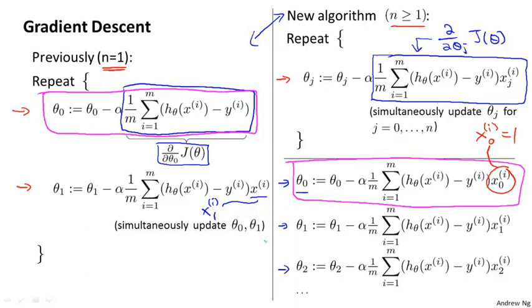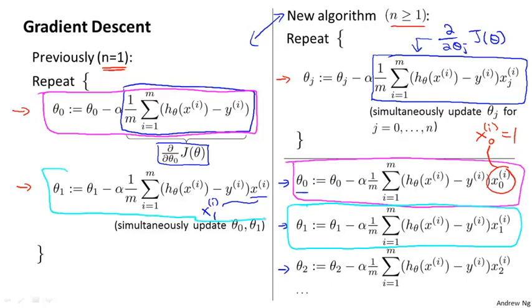Similarly, if you look at the update rule for theta 1, you find that this term here is equivalent to the term we previously had for theta 1, where of course we're just using this new notation, x subscript 1, to denote the first feature.